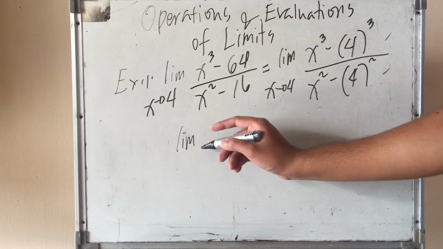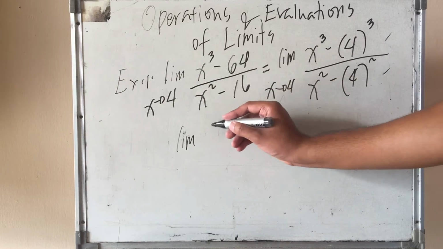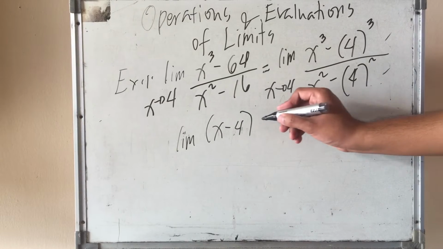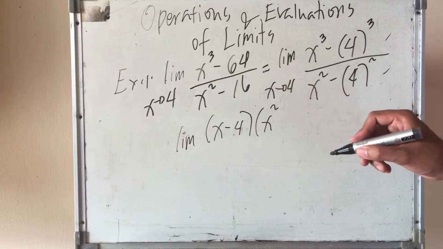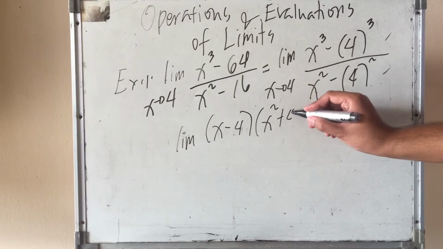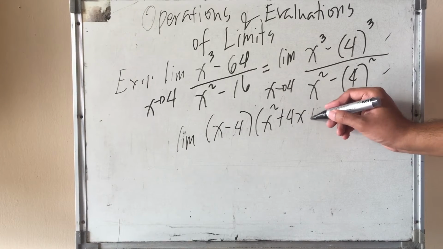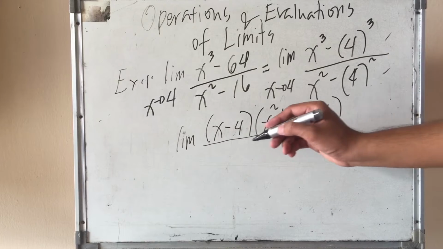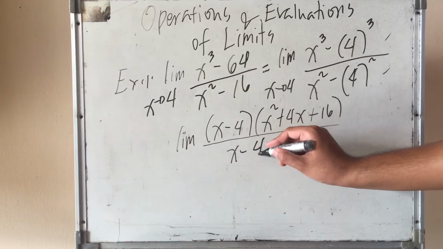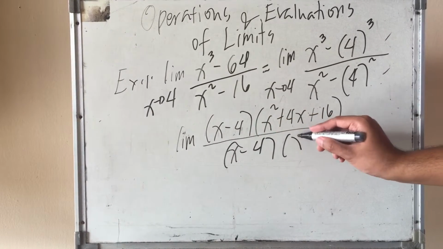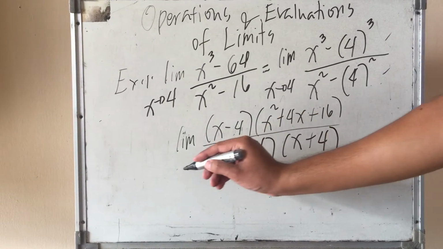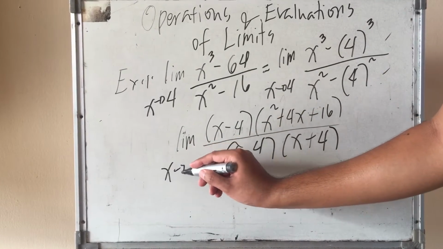limit of x minus 4 times x squared plus 4x plus 16 divided by x minus 4 times x plus 4, as x approaches 4.